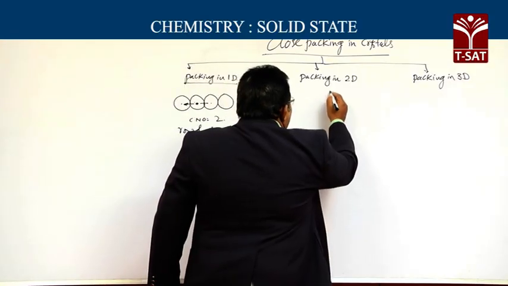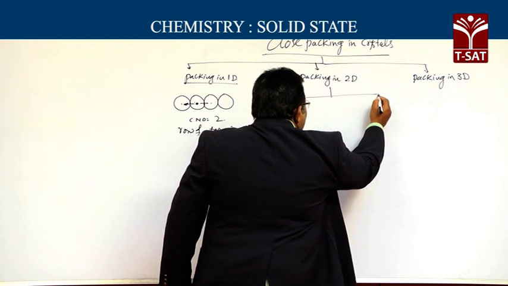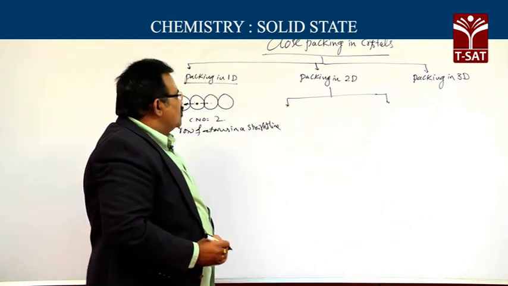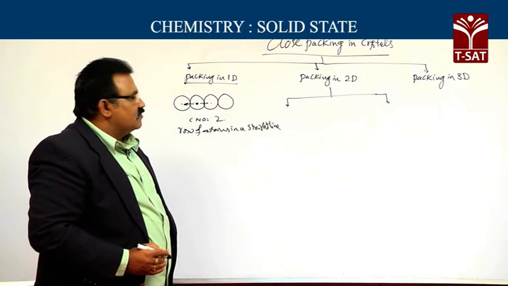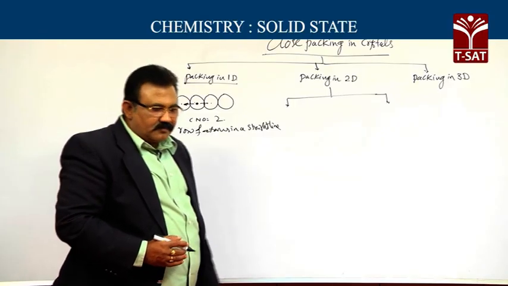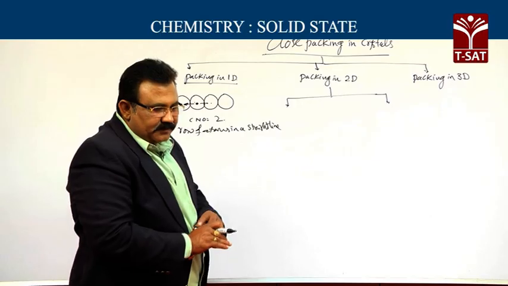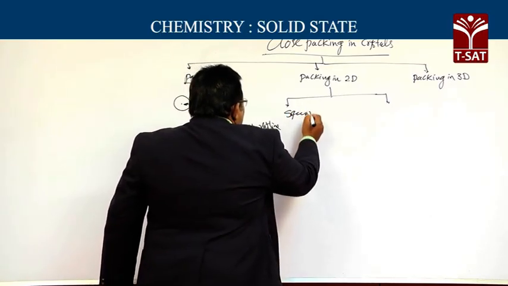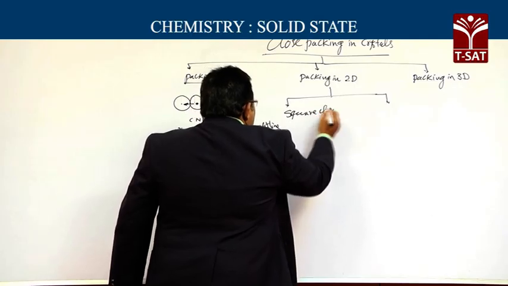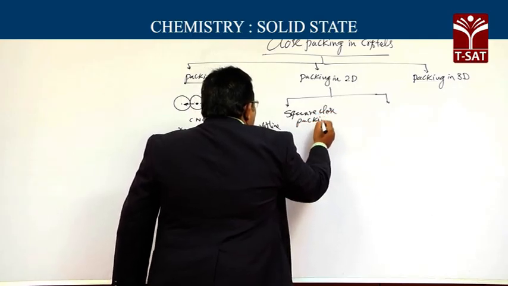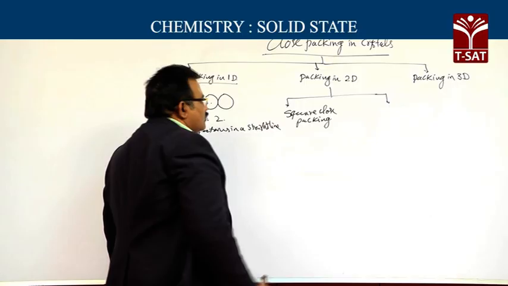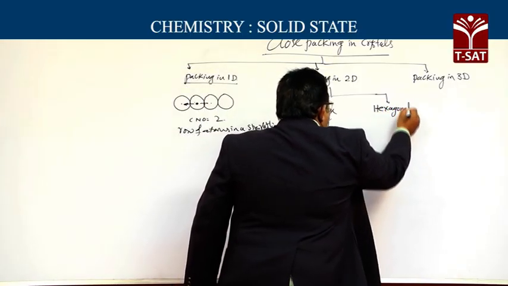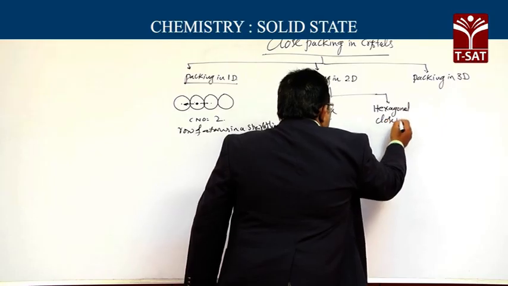So, this packing in 2 dimensions is again studied in 2 ways: square close packing and hexagonal close packing.